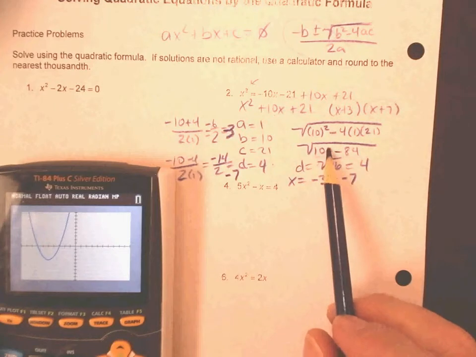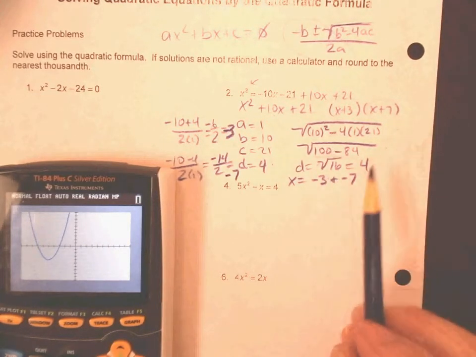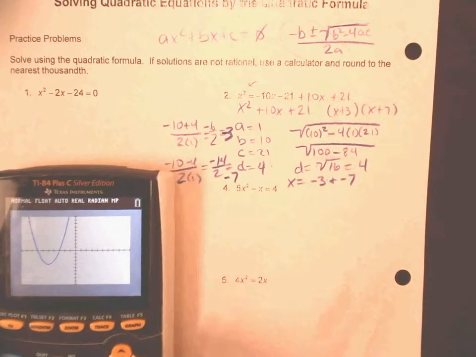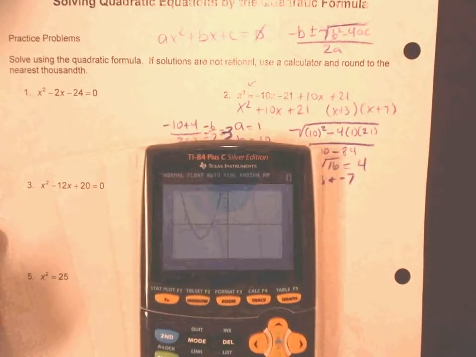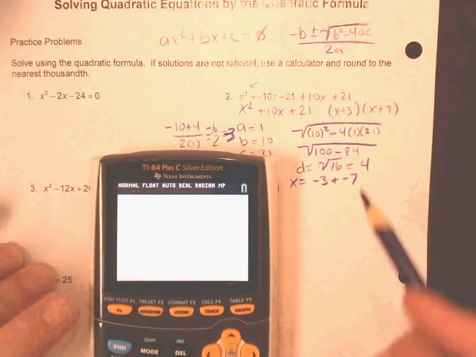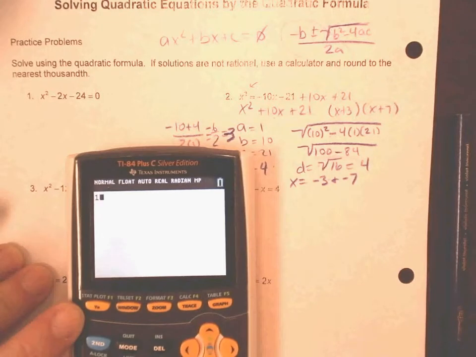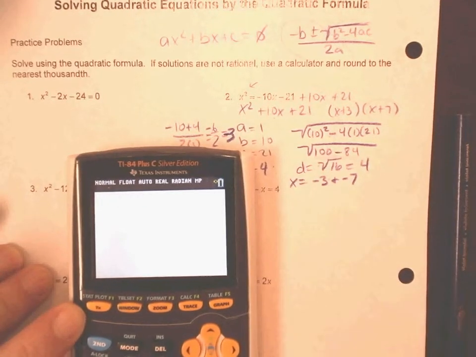The only time we'd have no solution is when you worked out your discriminant and your calculator would give you an error. I'm just going to show you what it would look like. Let's say that when I squared it, I ended up with 100. I had 100 minus 4 times 2 times 25.